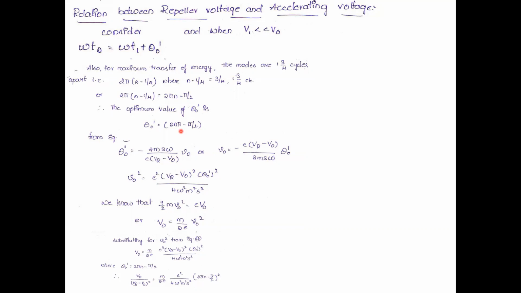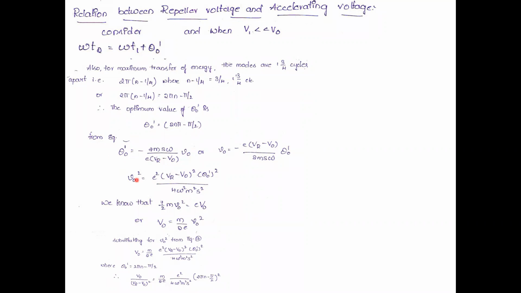Now, using this optimum value, go back and take the equation. Just recall the transit angle theta naught. What is the alternative equation? Minus 2 m omega by e into (V_R minus V naught) multiplied by V naught.